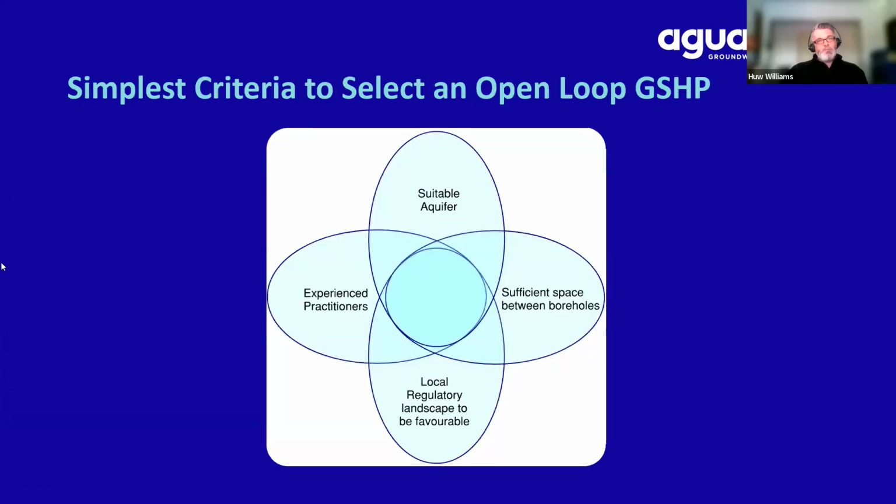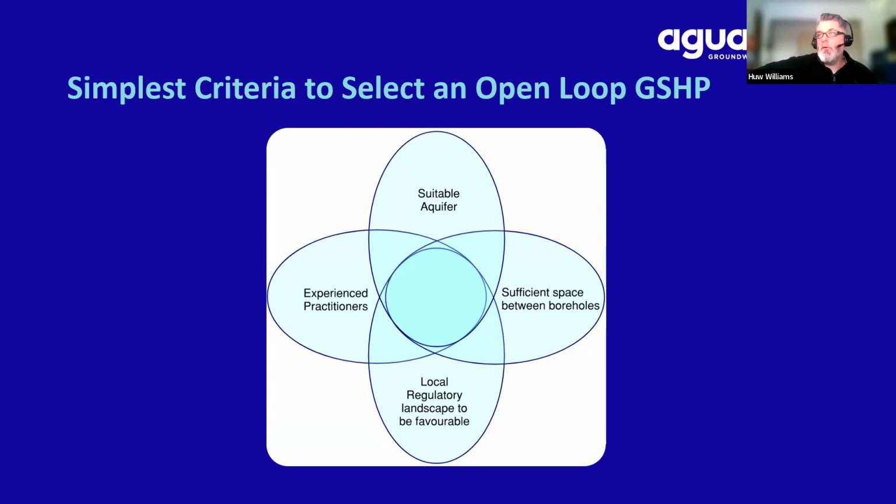So based on some of that, the simplest criteria that we have to select an open loop ground source heat pump system: we need a suitable aquifer. We need sufficient space on the site to have the abstraction and injection or hot and cold wells to operate. We need a local regulatory landscape that's favourable to open loop ground source heat pump systems.